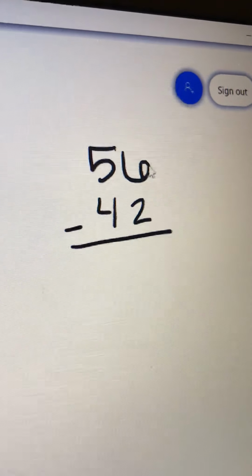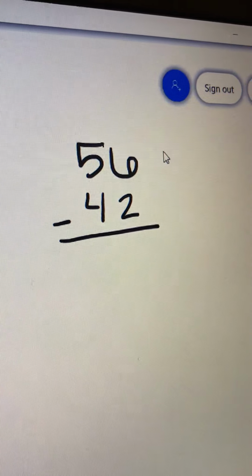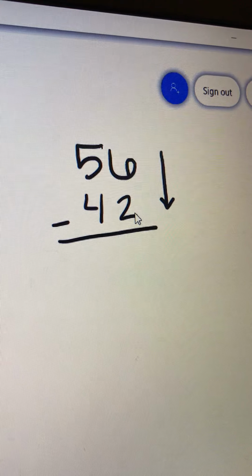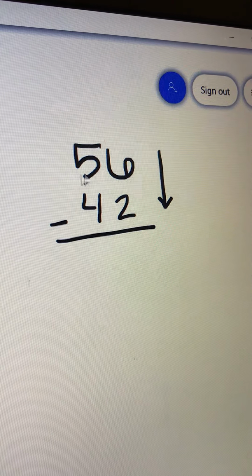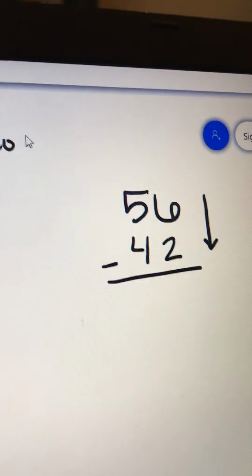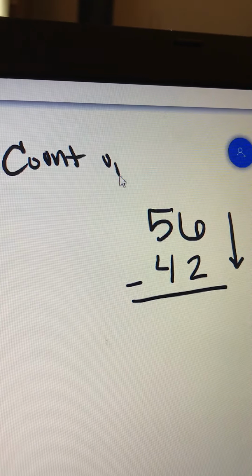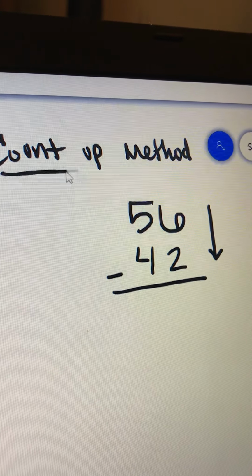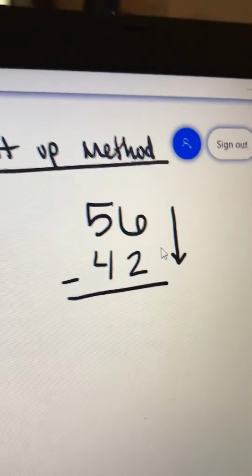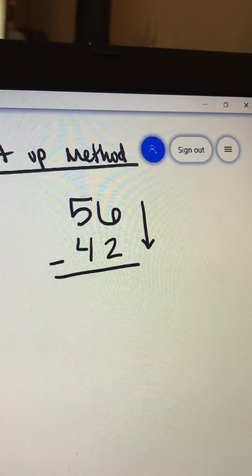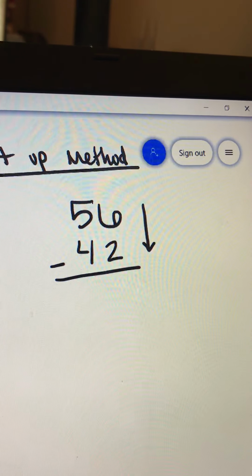So when you have a big number on top, you will not have to borrow any numbers, right? And of course, you have to start with the top number. So we can use the count up method with all subtraction. But when we do that, we do need to remember something.